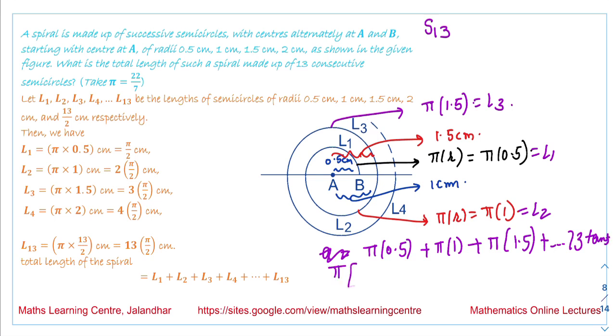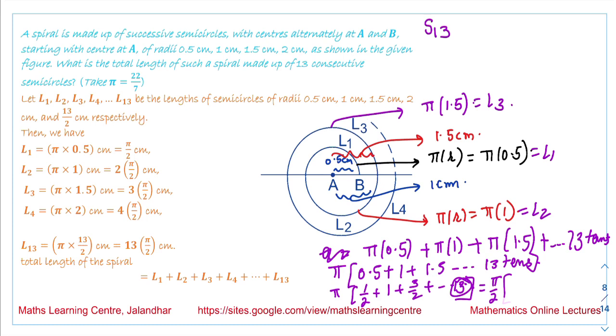If we take pi common from all these values, we get 0.5 plus 1 plus 1.5, and so on up to 13 terms. We can write this as pi into (1 by 2 plus 1 plus 3 by 2 plus ...) up to 13 terms. Now if we take 1 by 2 common from all these terms, we are left with 1 plus 2 plus 3 plus 4, and so on up to 13.